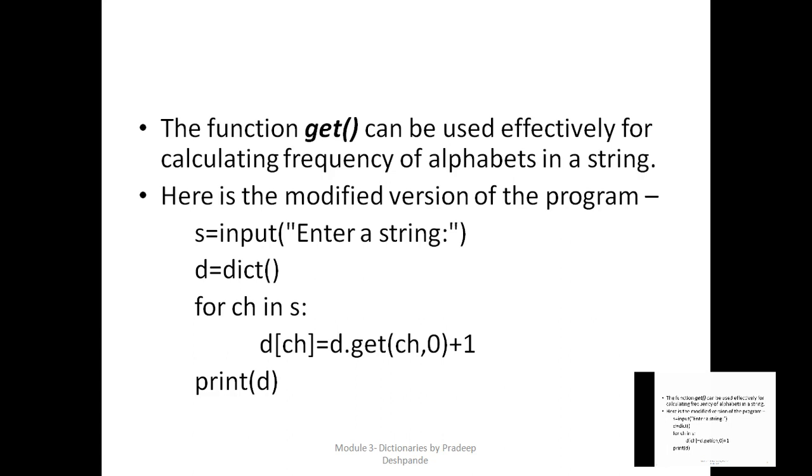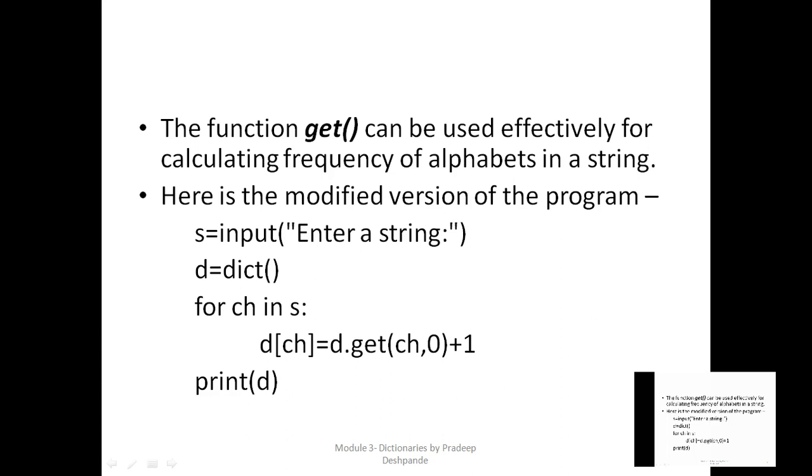You can see here how it works. We are again taking a for loop. For each ch available in that particular string, d is the dictionary, d dot get of ch, this character. Initially no characters will be there in the dictionary, and the default value we are passing is 0.